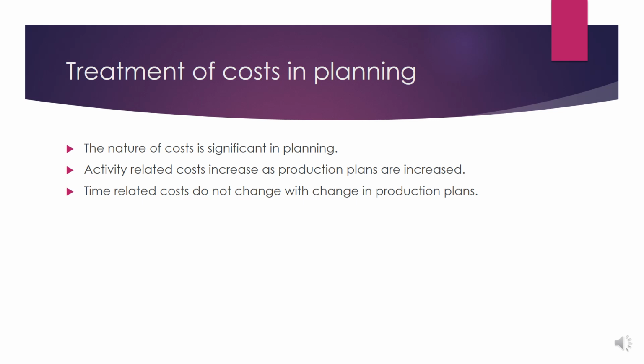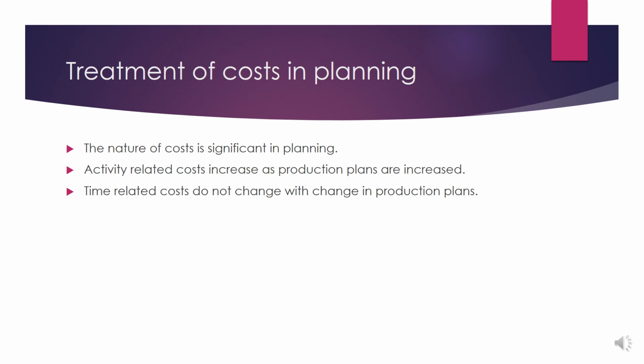So as you know, every business prepares plans for the future, and these could be in the shape of annual budgets or 5-year business plans, and some businesses prepare quarterly forecasts.